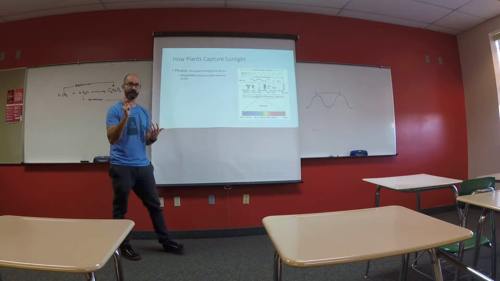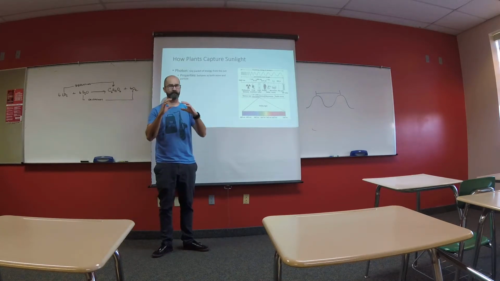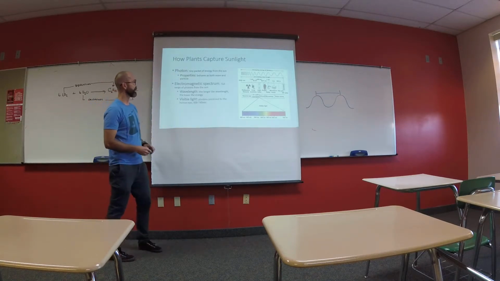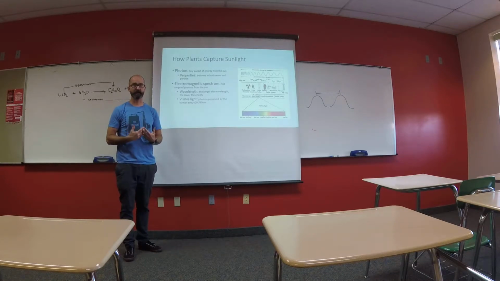Photons occur in very, very short wavelengths, like the gamma rays. So gamma rays have a very, very short wavelength. And with photons, the shorter the wavelength, the more energy that photon represents. So very short wavelengths, lots of energy. Very long wavelengths, much less energy.